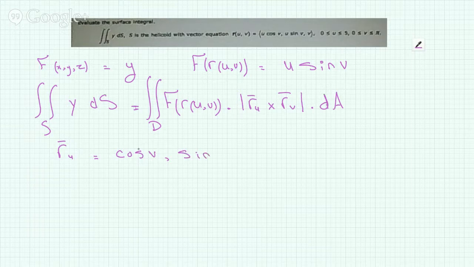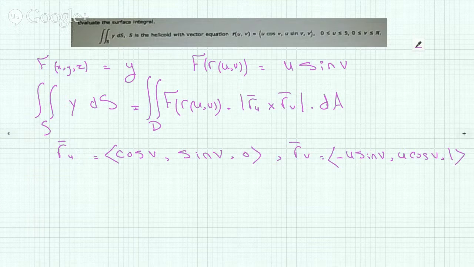And likewise, r_v will be minus u sine v, u cosine v, and 1. And now I will take the cross product.